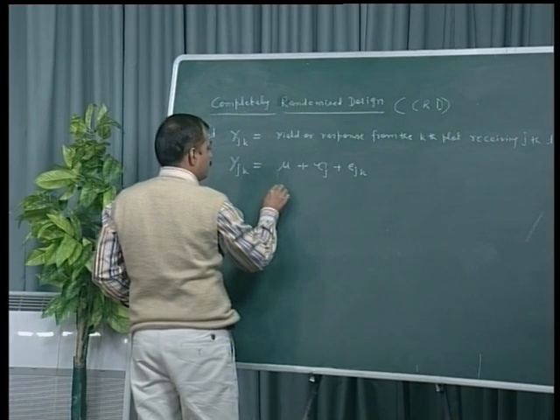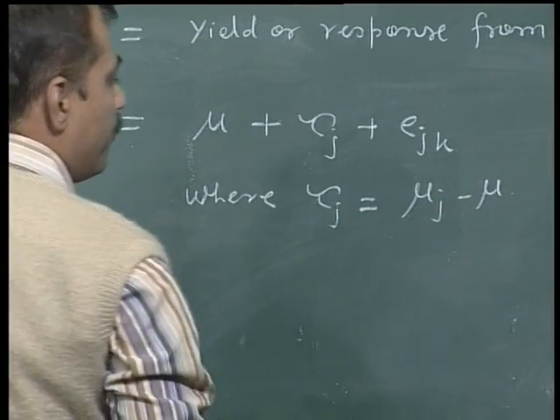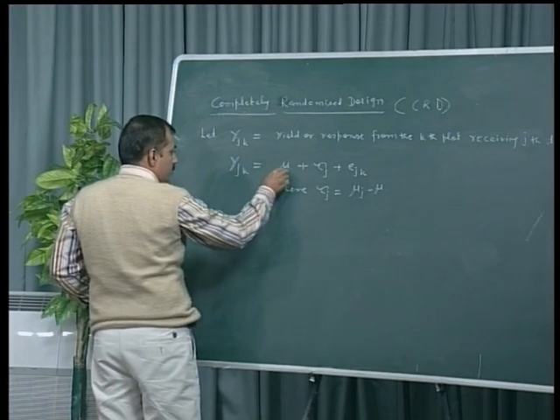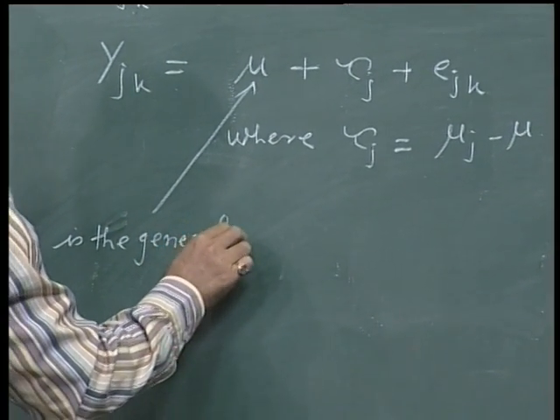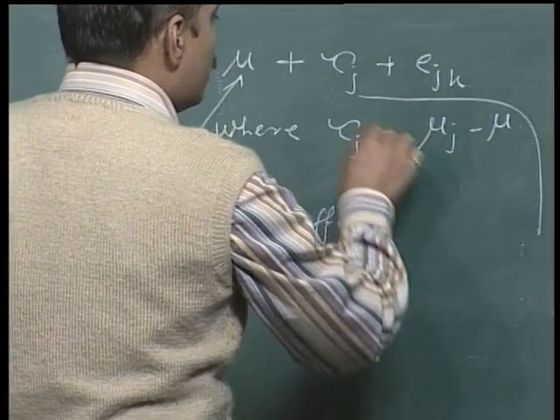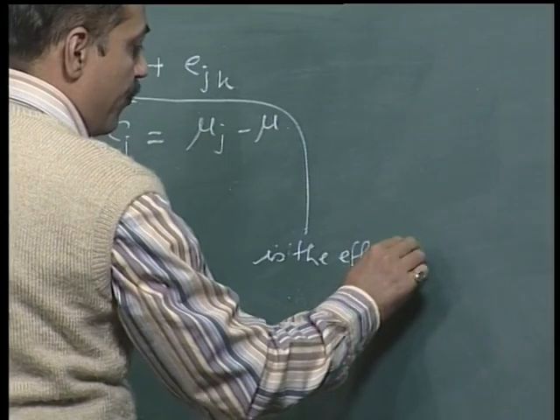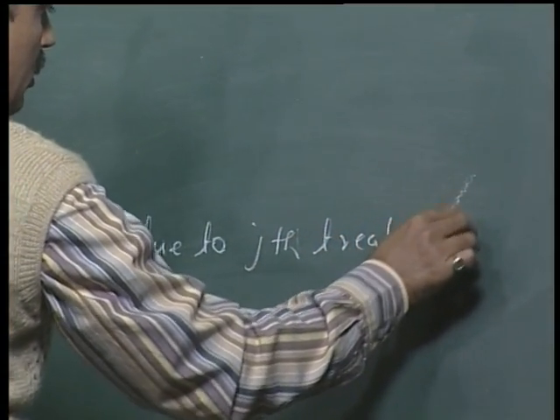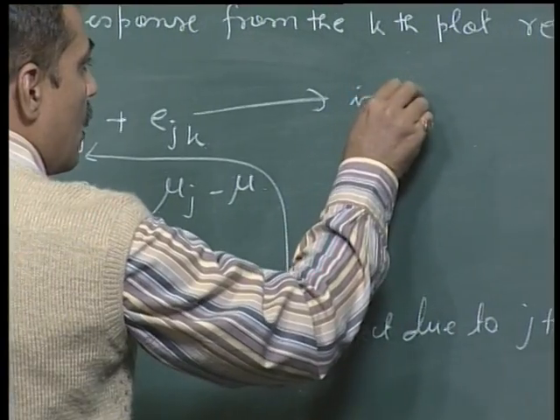where tau j is mu j minus mu, where mu is the general mean effect and tau j is the effect due to the jth treatment, and ejk is the error effect.